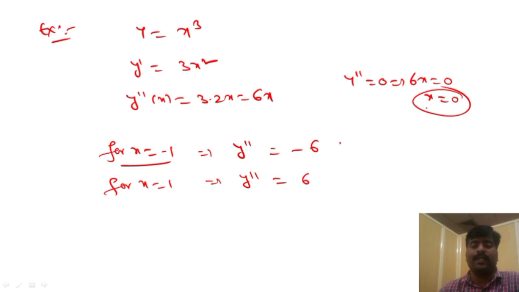So what happens is, around x equal to 0, I am taking the values: left side of 0 as minus 1, right side of 0 as plus 1. For x equal to minus 1 this will be minus 6, and for x equal to 1 this will be plus 6. Okay, so the concavity changes from negative to positive.